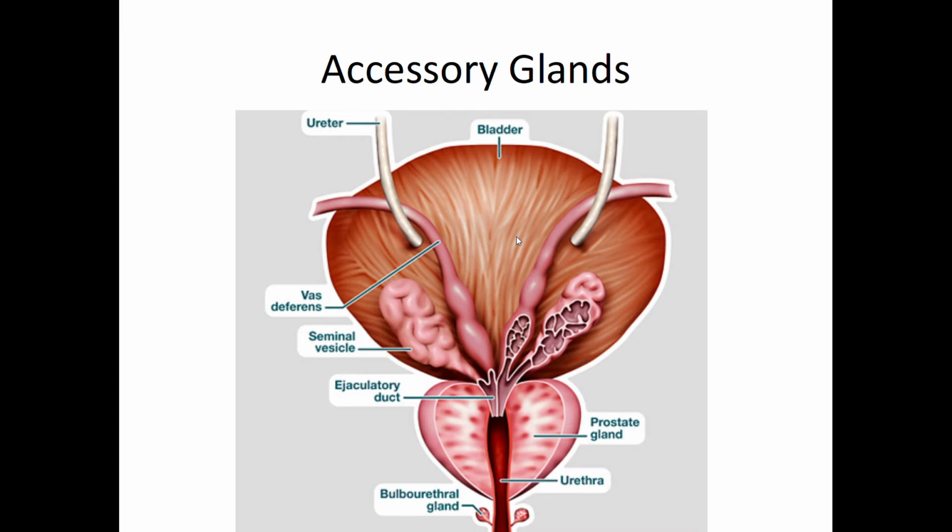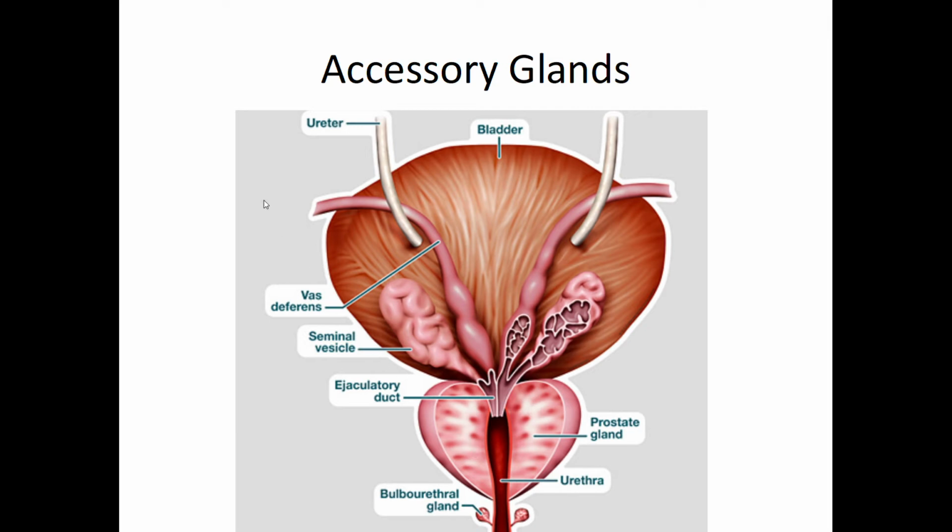So now that the sperm has been produced, to actually get that out of the body, it's not just the sperm that leaves the body, it's a whole semen mixture. And that semen mixture comes from a whole set of these glands that are producing things that join the sperm.